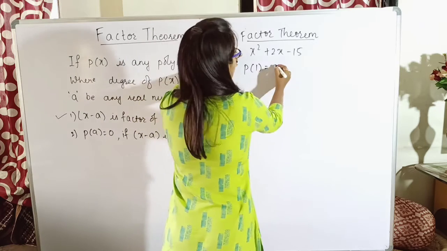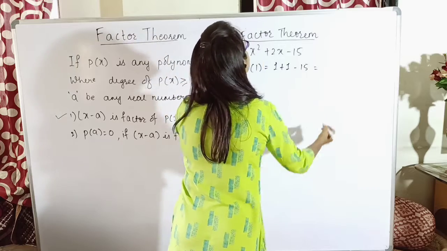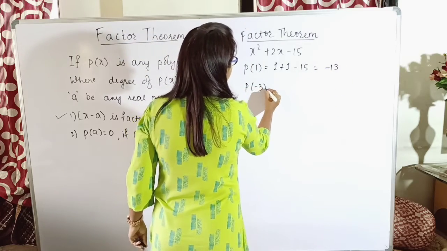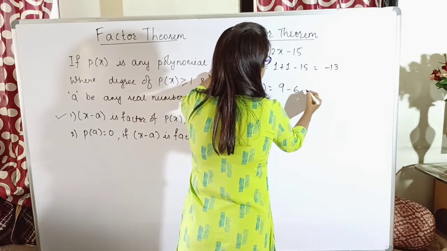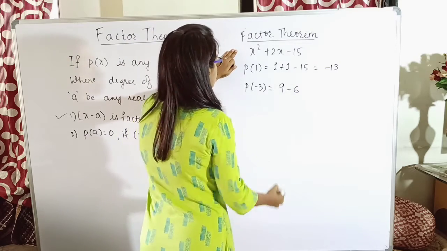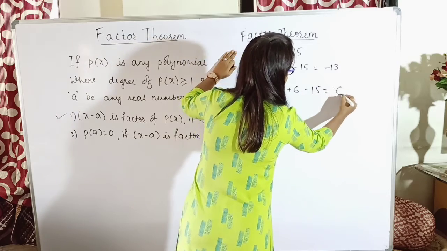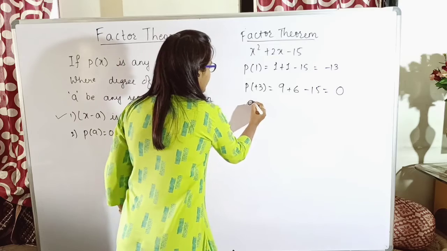Putting x equal to 1, it will be 1 plus 1 minus 15, which is equal to minus 13. P of minus 3 I am directly taking. So it is minus 3 square is 9, minus 6 or plus 3... 9 plus 6 minus 15, which will give me a 0. What does it mean? It means this has become my value of A.